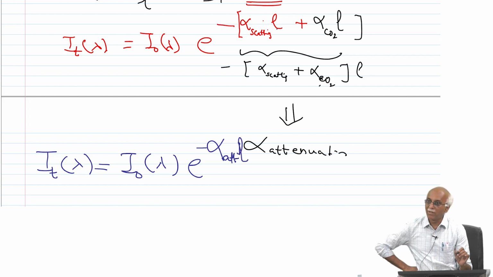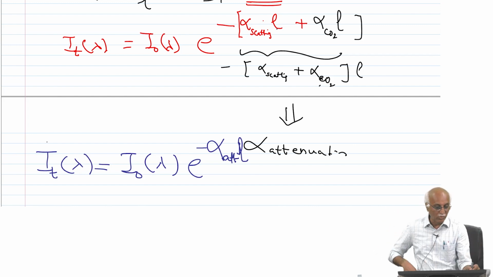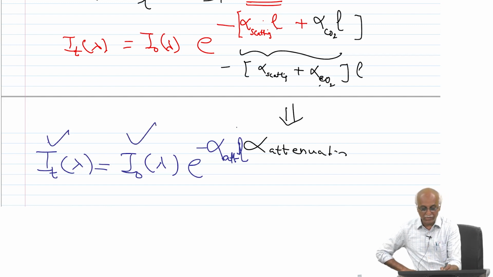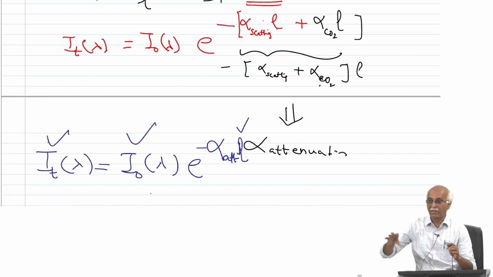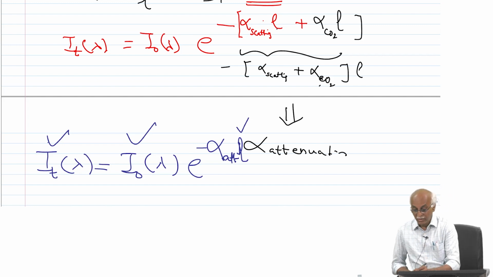This will be the formula. I will not be knowing N in any case, I will only know the input intensity, transmitted intensity and length. Whatever I derive is a combination of scattering, absorption, etcetera. So, that is attenuation, is it okay?